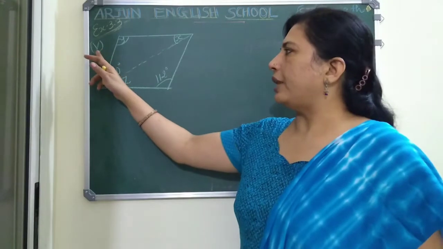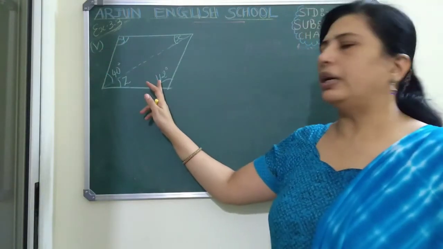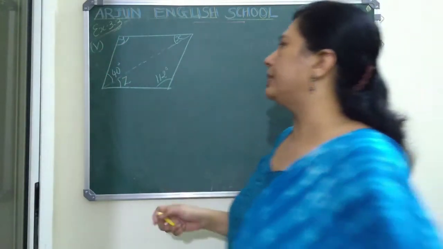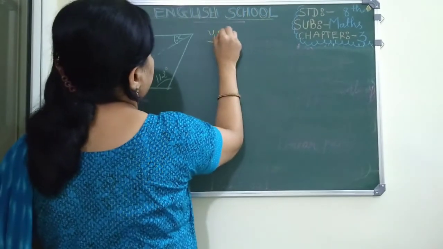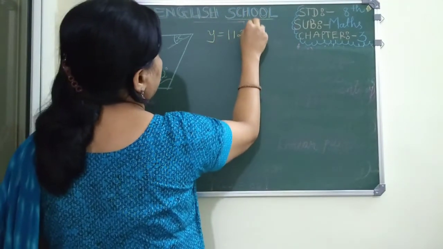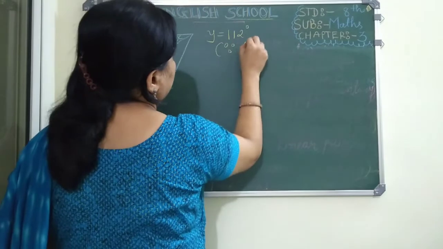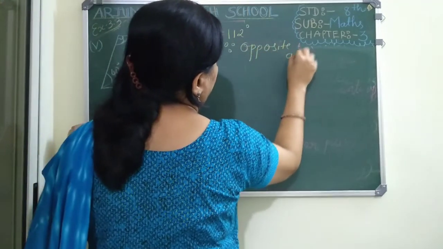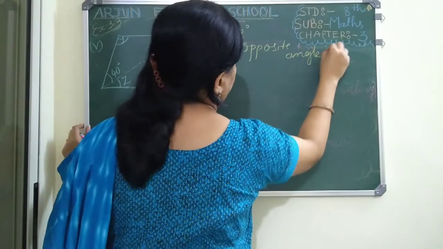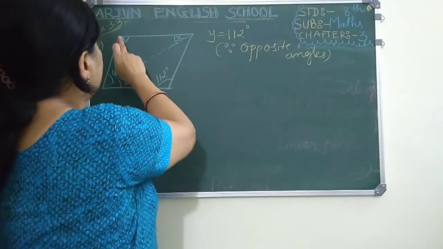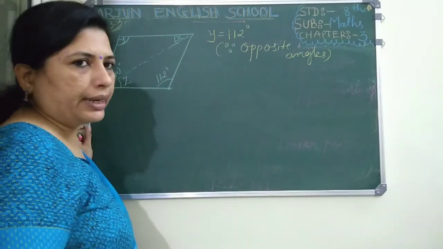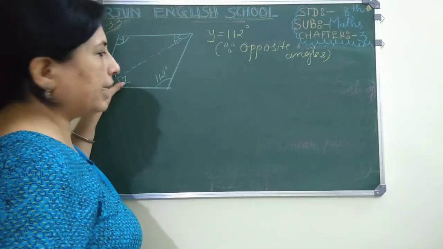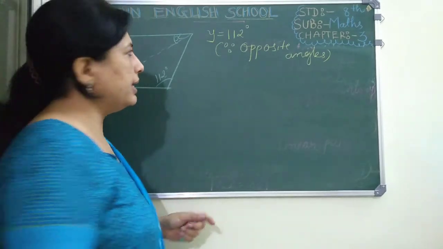In question number 5, y is equal to 112 because of opposite angles. So let us write y is equal to 112 because of opposite angles. And now you can see if y is equal to 112, then y plus this angle is equal to 180.